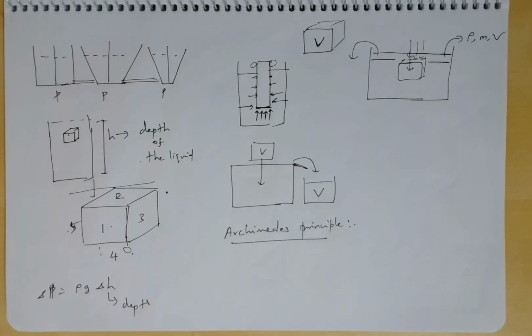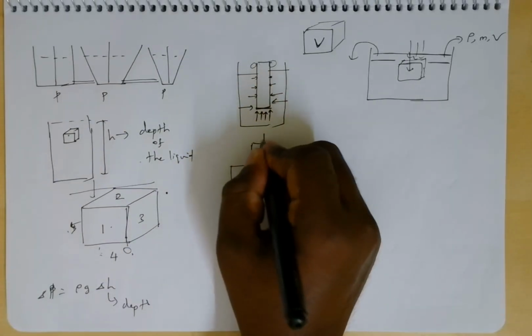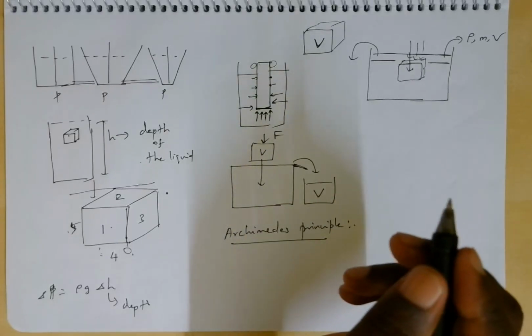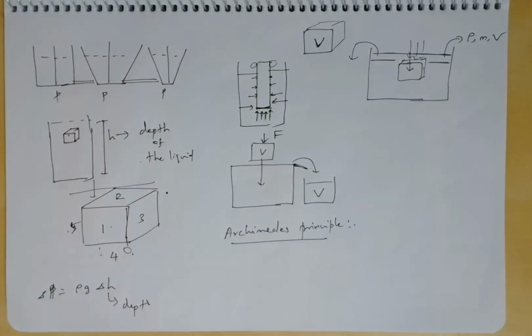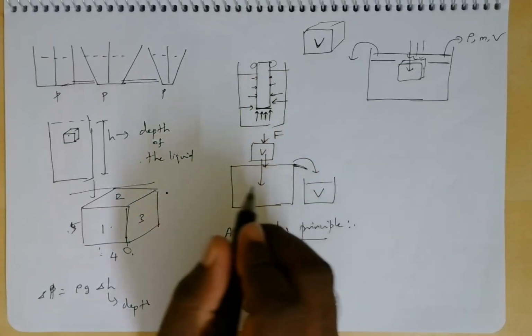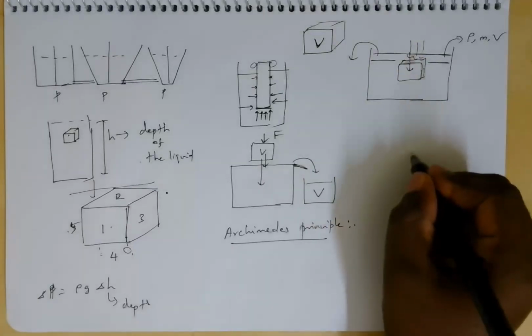Now you should ask the question, why is volume being displaced? To submerge this object, you need to give some force. Sometimes the object is heavy, so its weight itself is more than enough. Here is a person.